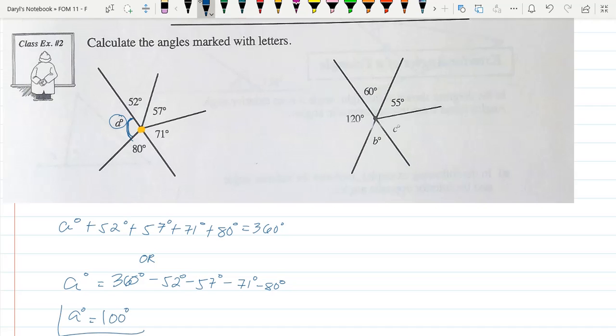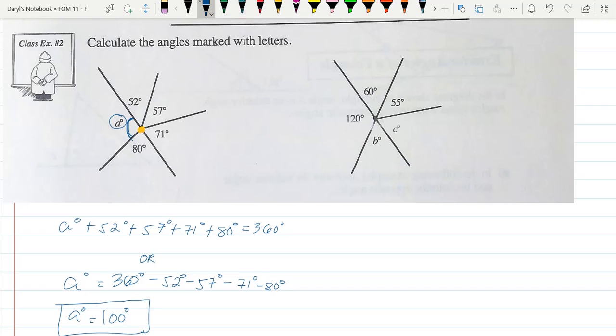Again, in this particular case, there is no need to use a protractor because now you know that the sum of the angles around a point is 360 degrees. Okay, so let's take the second diagram.